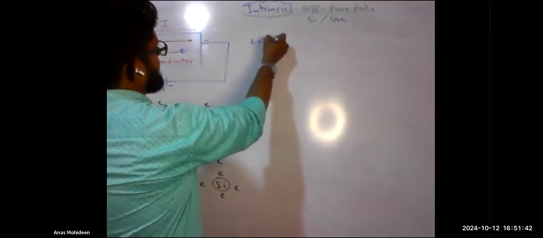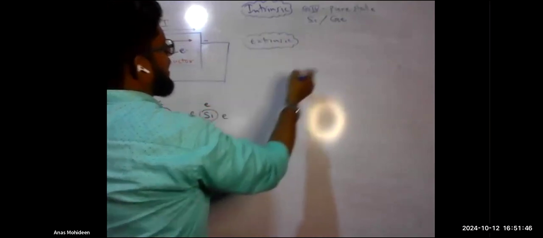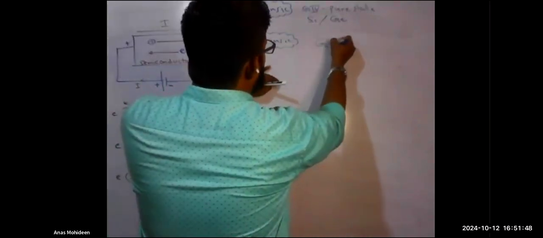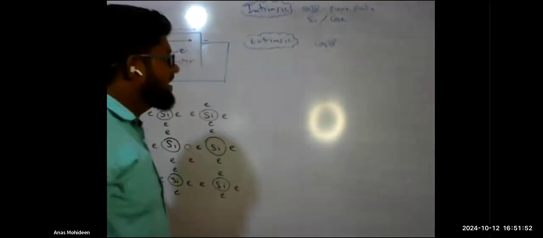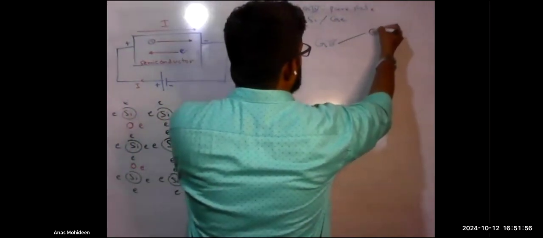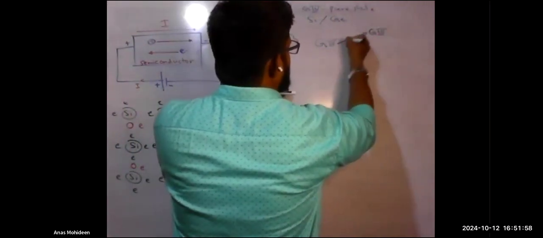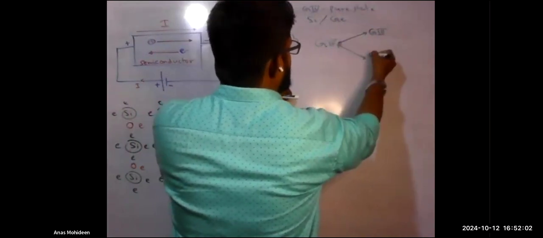Extrinsic means. Now, let's say this group 4 element, either silicon or germanium, is doped with a group 3 element, or else it is doped with a group 5 element.